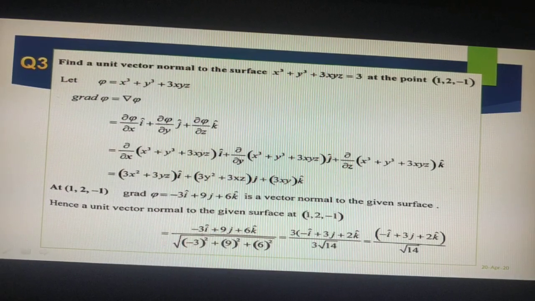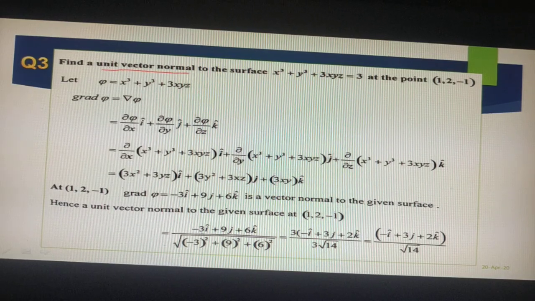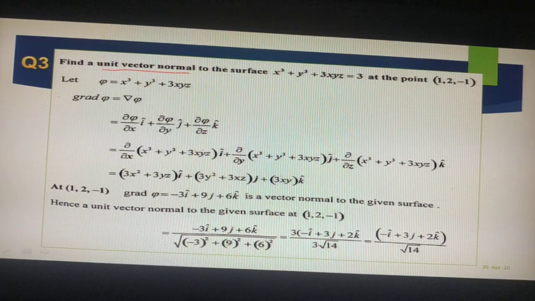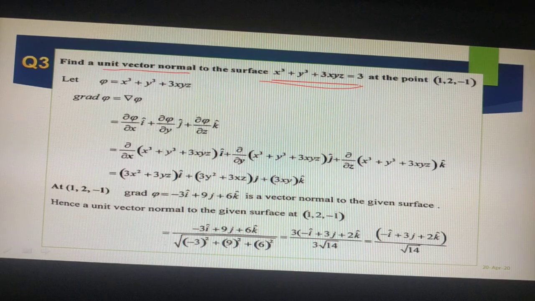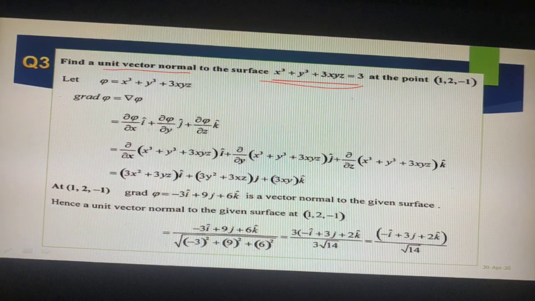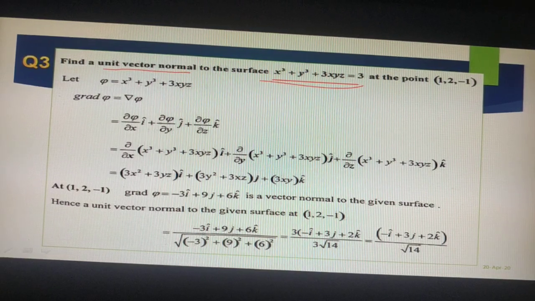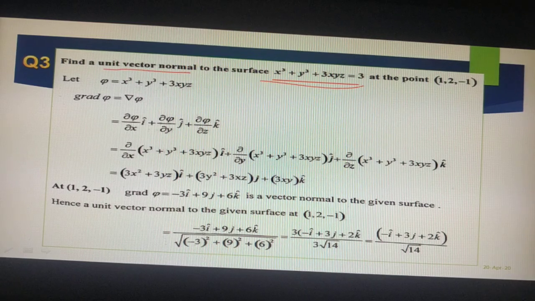Next, they may say find the unit vector normal, or sometimes they may ask for the unit normal vector, both having the same meaning. Unit vector normal to the surface. So this is the surface, which means this is your given scalar point function.